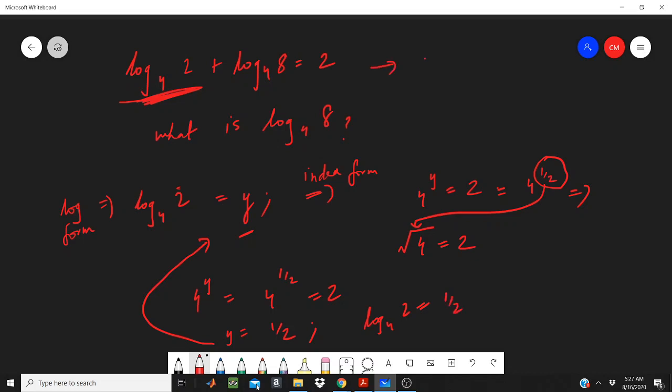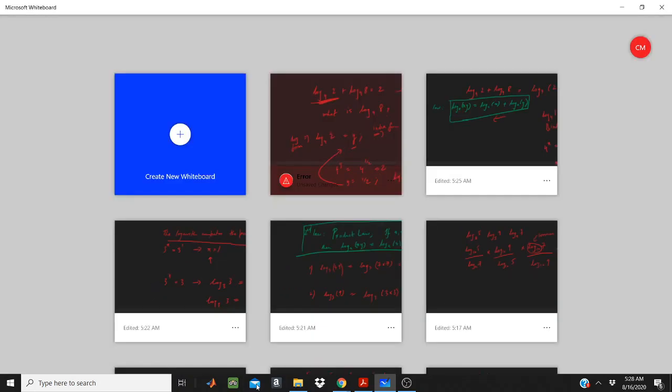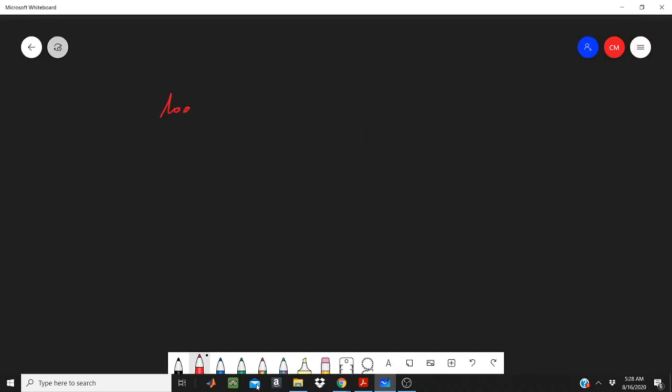From equation 1, if log base 4 of 2 is half, then half plus log base 4 of 8 equals 2. And this gives us that log base 4 of 8 equals 3 by 2. It's 1.5.